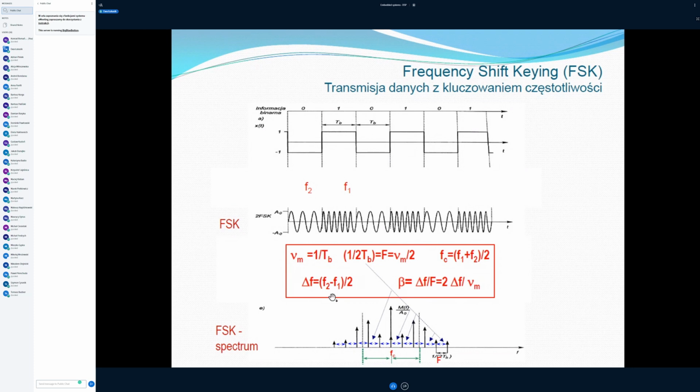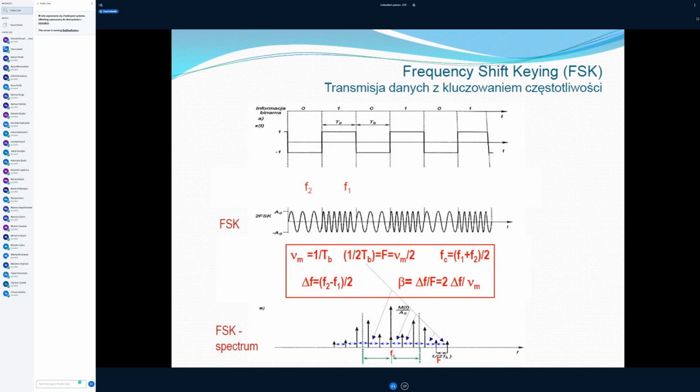And if we have 100 bits per second, our bit would be as long as one period of this sinusoid. But if we have the bit rate of 500 bits per second, we would have a small part of this frequency only here.